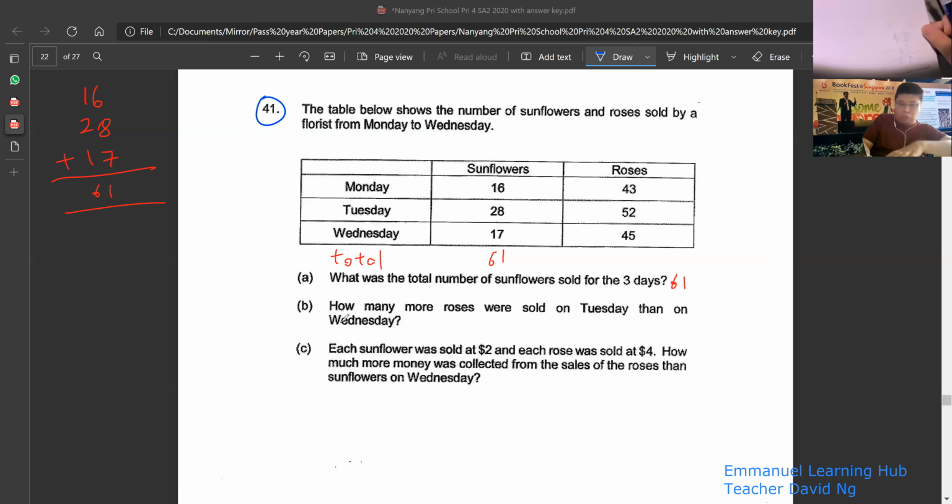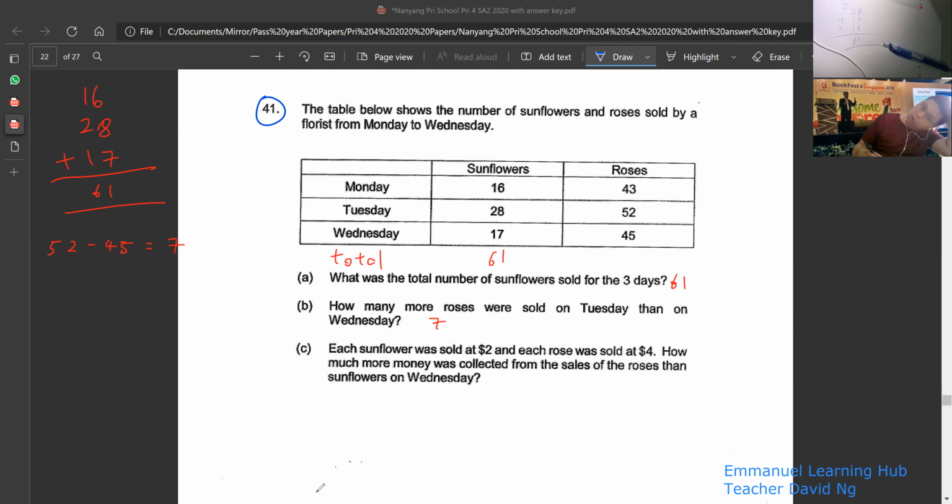But why did you use 52 minus 45? Because they say Tuesday then Wednesday.